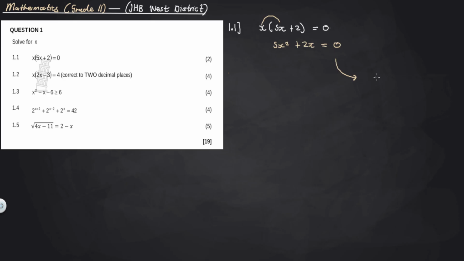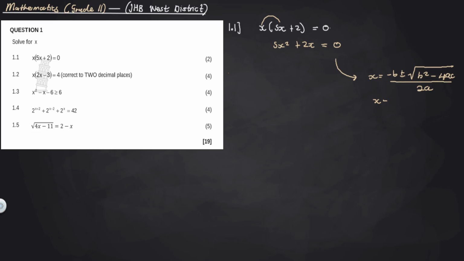Then somebody does this. Trust me, I've seen this so many times, marking my students' answer books. Yes, the answer is going to be correct.